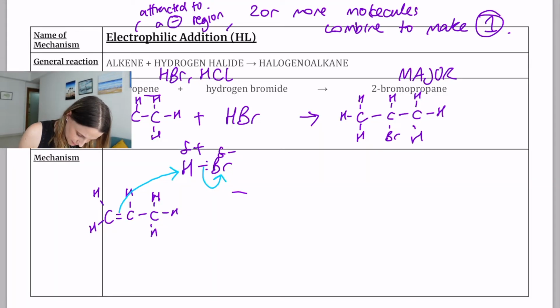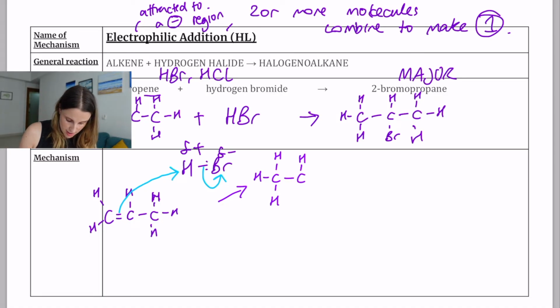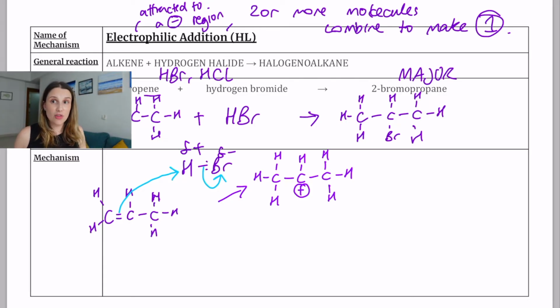So if we go up top here first. When this pops open and the hydrogen attaches onto carbon number 1, then that means that the carbon in the middle is now going to have a positive charge on it. It's another one of those carbocation intermediates, same as nucleophilic substitution.